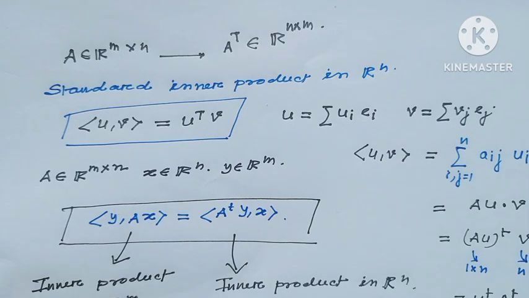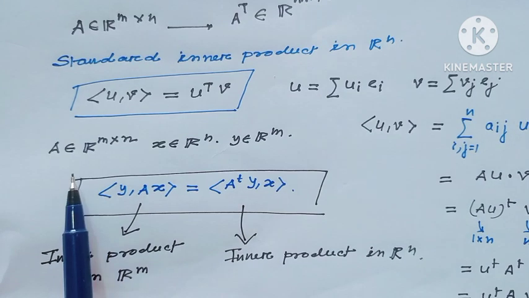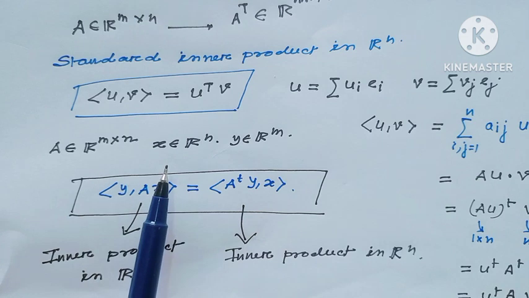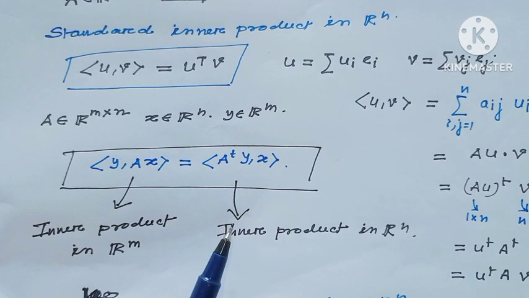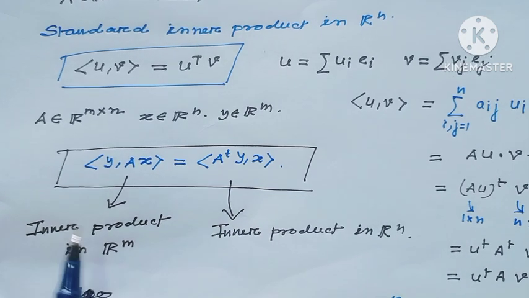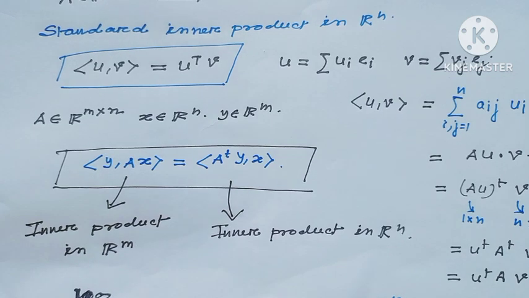Let A be an M cross N matrix and A transpose be the N cross M matrix. Then the standard inner product in Rn, we all know, inner product UV equal to U transpose V. We also know, if we consider A be an M cross N matrix and X be in Rn and Y be in Rm, then inner product of Y with Ax is equal to inner product of A transpose Y with x, where this is the inner product in Rm and this is the inner product in Rn.